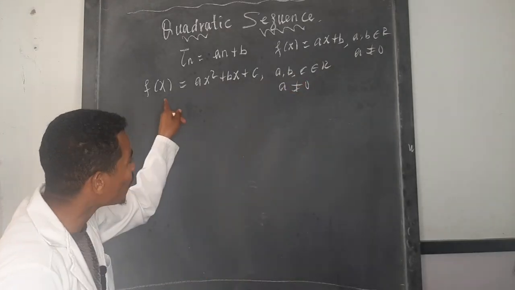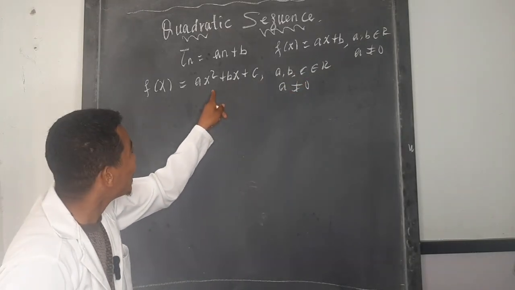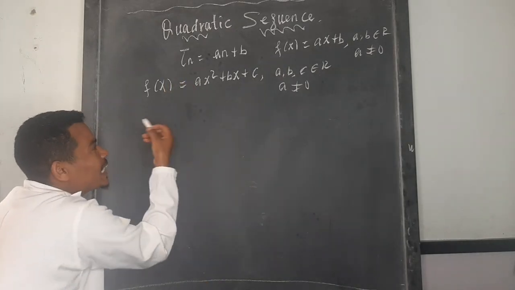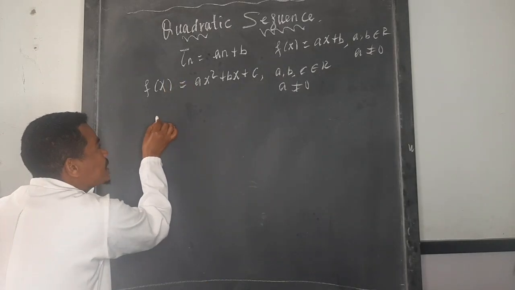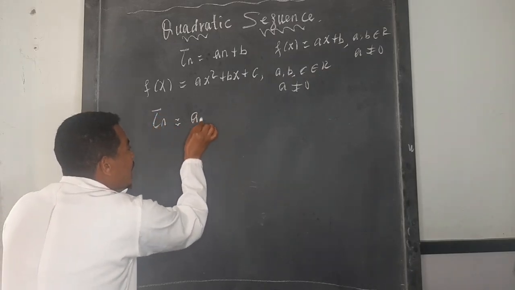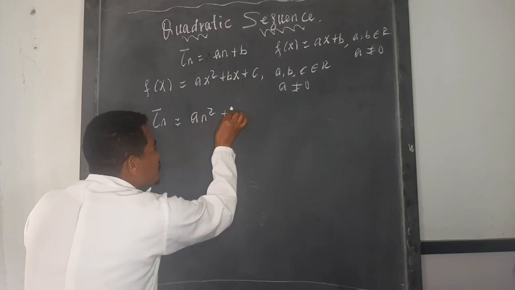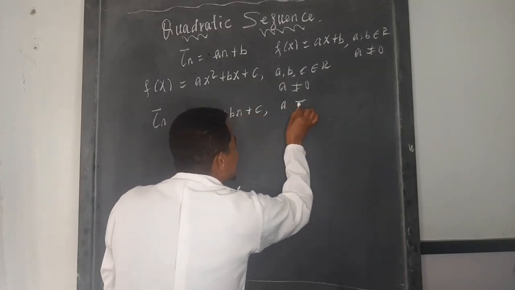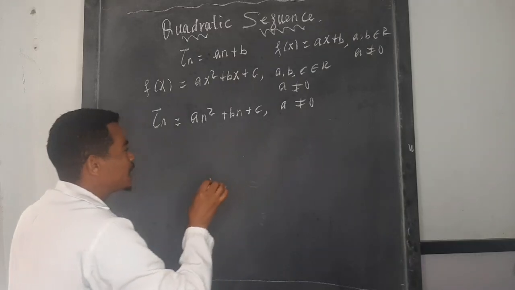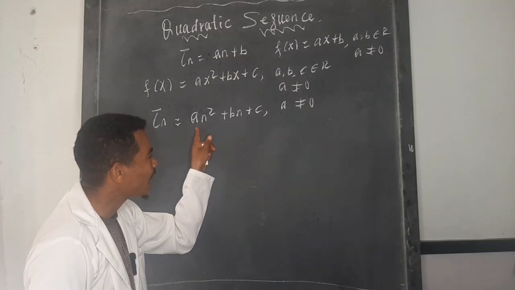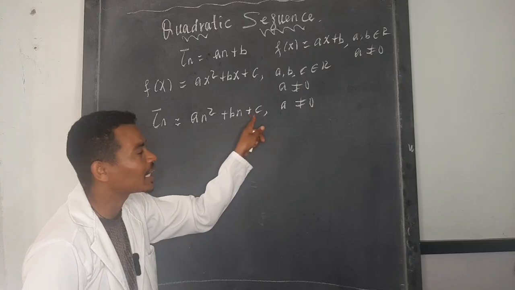And the nth term of a quadratic sequence is Tn is equal to a n square plus bn plus c, where a is different from 0. Every quadratic sequence has this form.